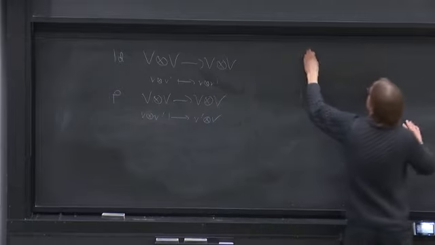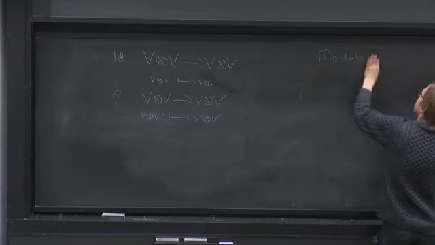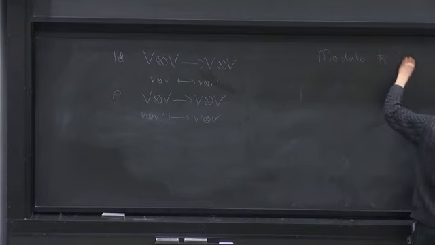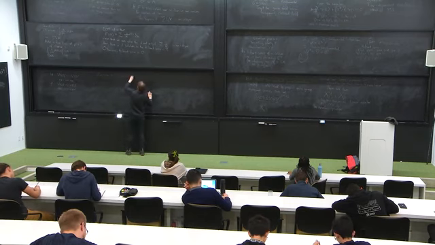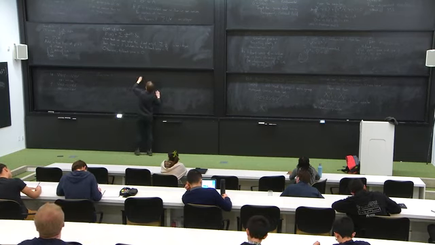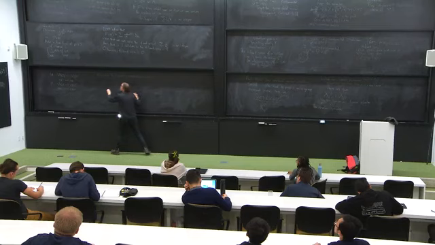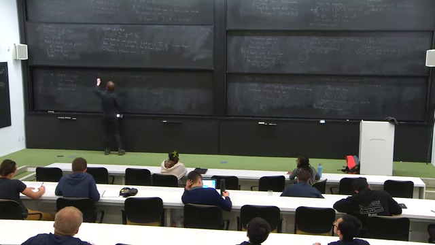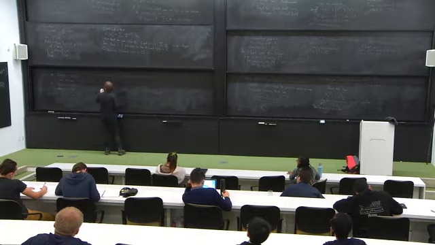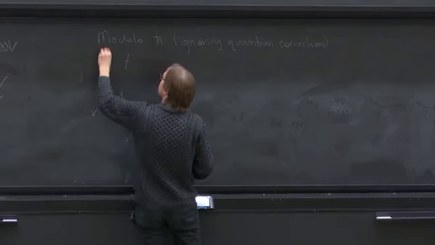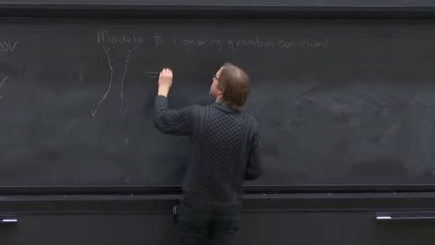Now, modulo h bar, that is, ignoring any quantum corrections, we draw our link diagrams. Here I have two incoming lines, V, V, V, V. The one where they don't cross each other is the identity.